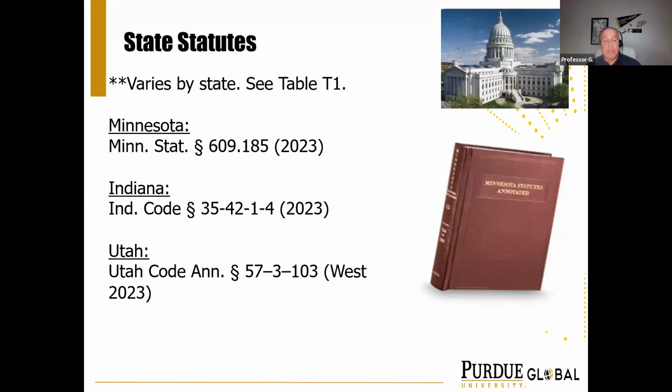And there's different versions. For example, let's say the Indiana Code here, having lived in Indiana many years, but I no longer live there, but went to law school. Behind me, right next to all my Purdue Global swag, is an artist's rendering of my law school, which was Indiana University Bloomington.